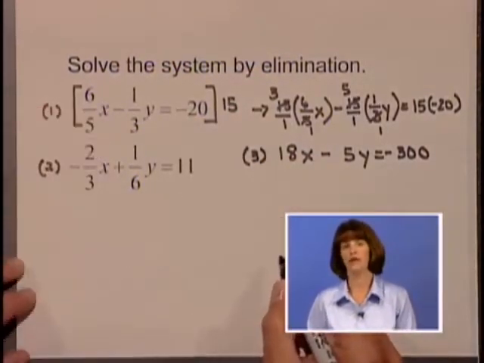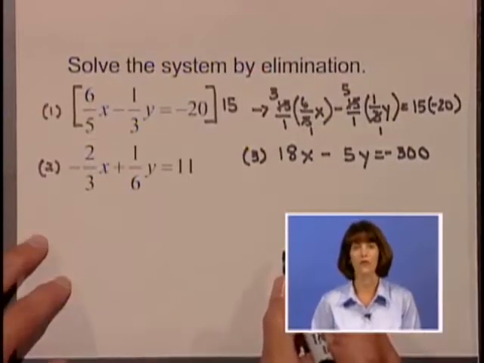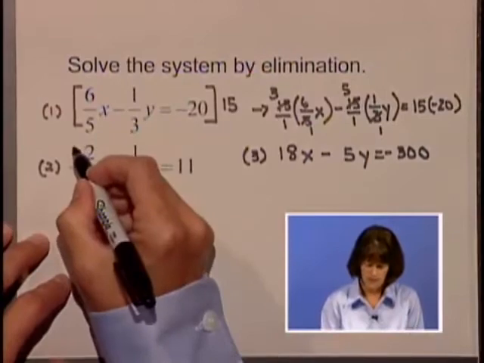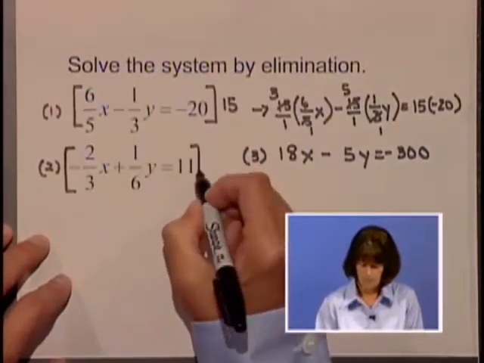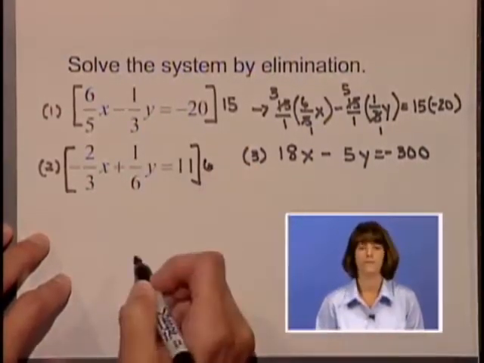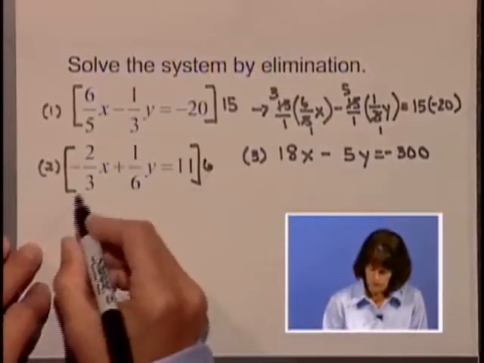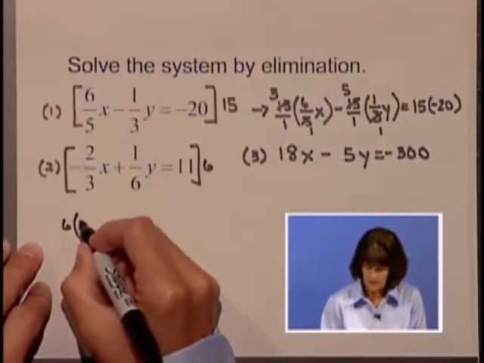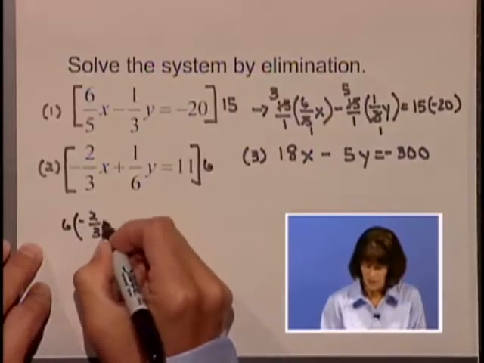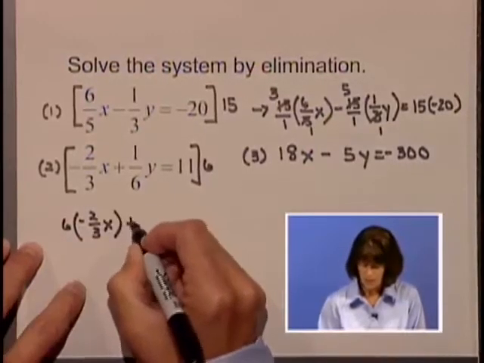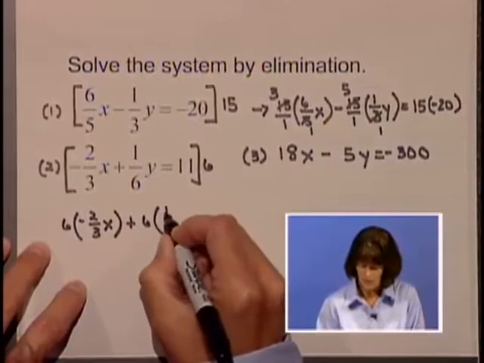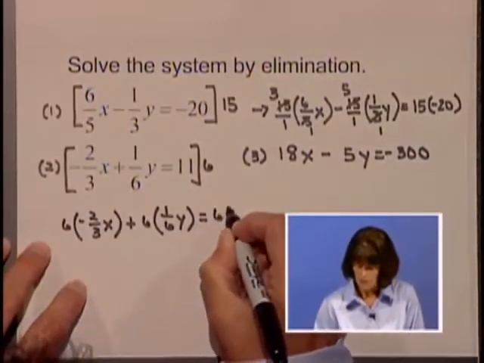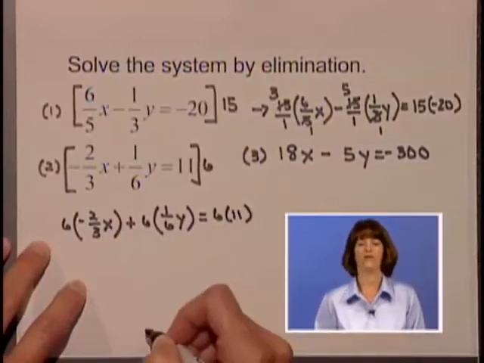Let's clean up the second equation as well, multiplying it through by its lowest common denominator of 6. So, multiplying 6 times each term, 6 times a -2/3 x plus a 6 times 1/6 y is equal to 6 times 11.